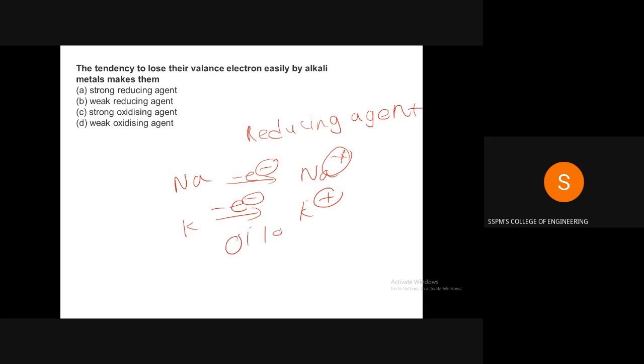Oxidation is a loss of electron, so loss of electron takes place and positive ions form.